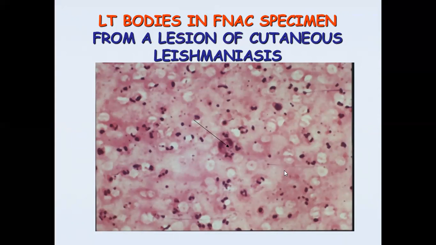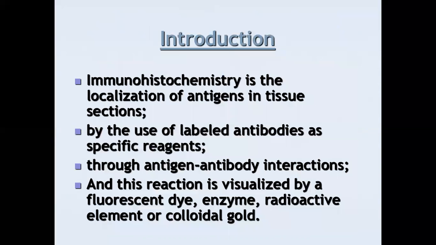We can go for cytodiagnosis in the form of FNAC or smear, dab smear, or salt split or salt smear. And in this, the smear which is made for LT bodies, you can see the small LT bodies within the smear. We see the smear in 100 magnification.